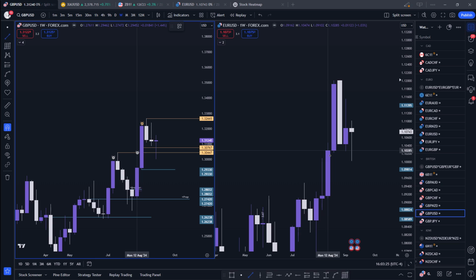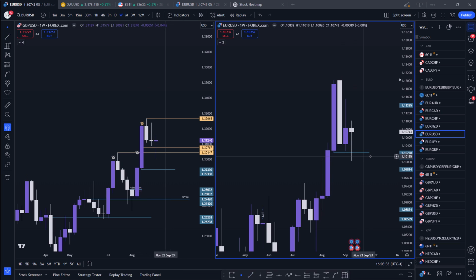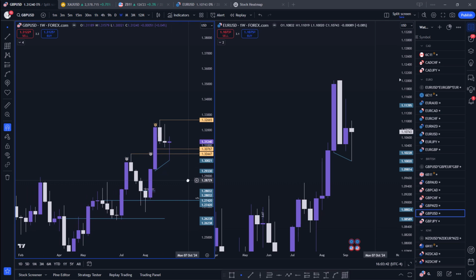Look what happens when we look at the same candlestick that was created on the 19th of August, but on euro dollar. It was raided. So this is another SMT that we can consider to be critical moving forward. The fact that we failed to take this candlestick's low, we actually failed to tap into its respective fair value gap inside of a high time frame PD array.